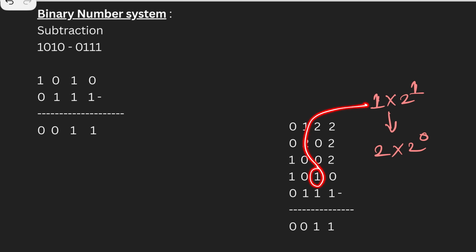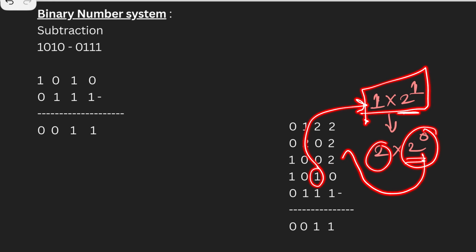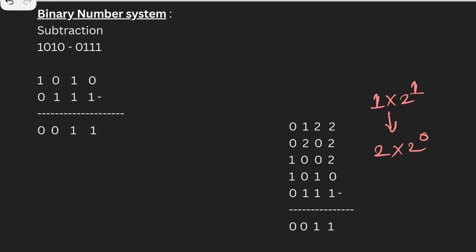And we already saw how. 1 here has a value equal to 1 into 2 to the power 1. I can write this exact same thing as 2 into 2 to the power 0. 2 to the power 0 means the 0th position and value is 2. That's why this 1 became 2 once it moved from first position to 0th position. Okay, now you can take away 1 from these 2 and the value is going to be 1.